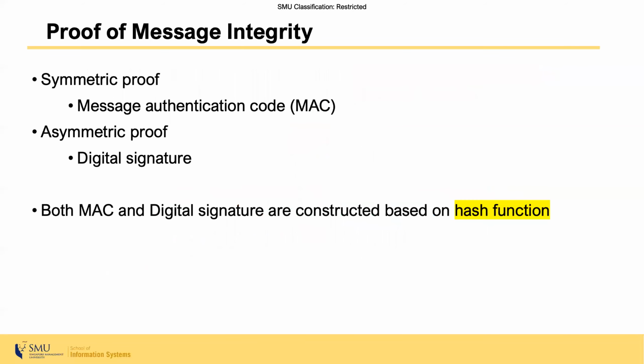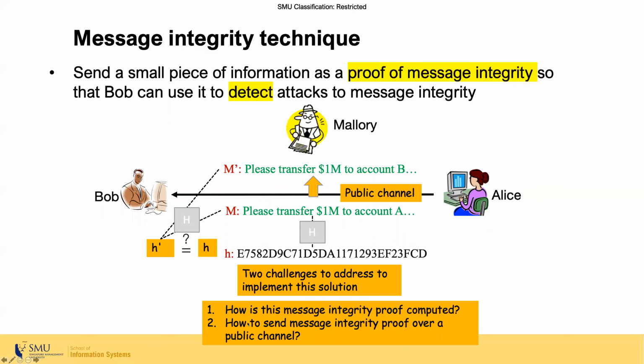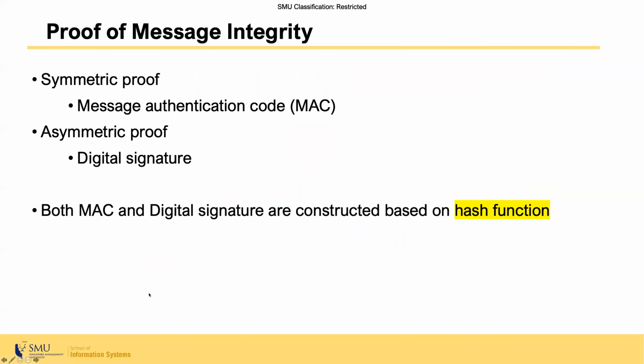Essentially, there are two types of technique that can address this challenge. These techniques are known as symmetric proof and asymmetric proof, just like in encryption, where we had symmetric encryption and asymmetric encryption.